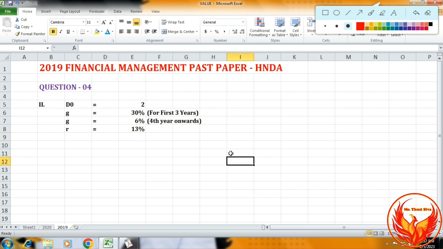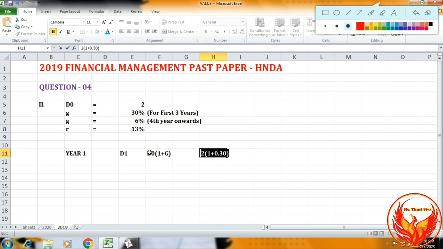Now we have to calculate the dividends for the years. First, year 1: D1 equals D0 into 1 plus G. D0 is given as ₹2 into 1 plus G, and the growth rate for the first year is 30%, so 0.30.